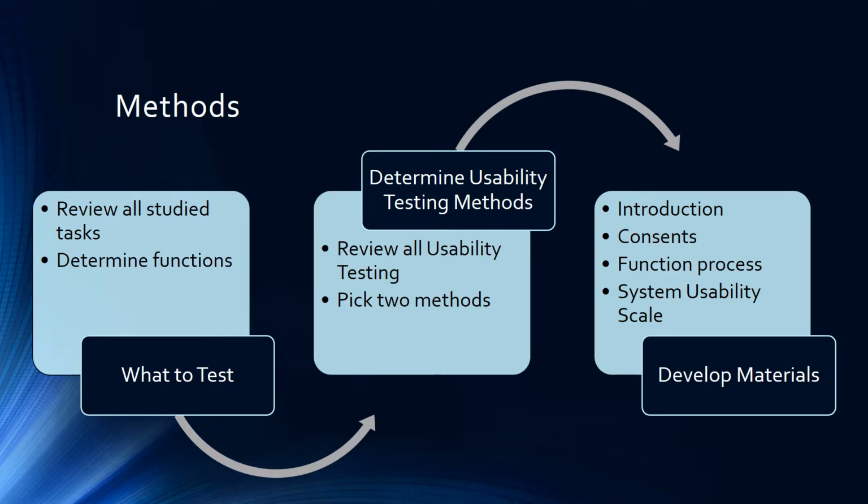I then developed the materials for this research study, creating an introduction, consent forms for the participants to sign, a function process that the participants would all use, as well as marking up the system usability scale for the participants to be able to complete upon their final step of their usability function.